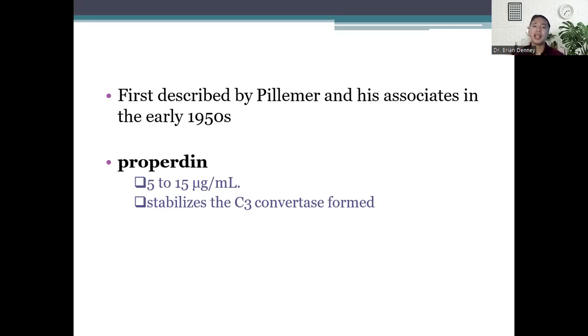It just stabilizes the C3 convertase formed in the alternative pathway and does not cause activation. Why did they call this alternative? It's because this is another way, an alternative way, of activating your complement system.